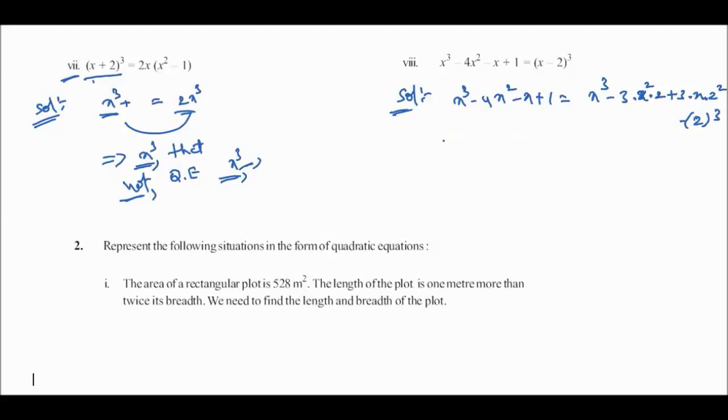So how much will come here? x cube minus 4x square minus x plus 1 is equal to x cube, 6x square minus 6x square plus 12x minus 8.